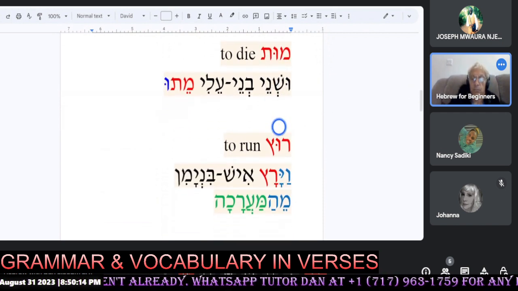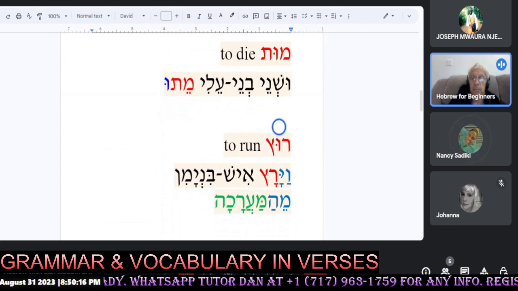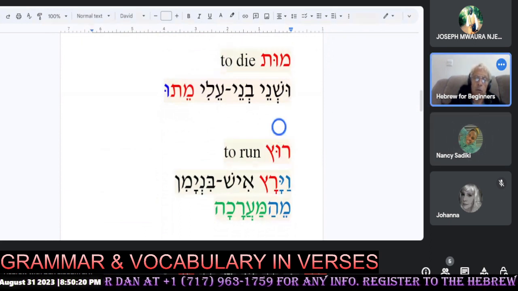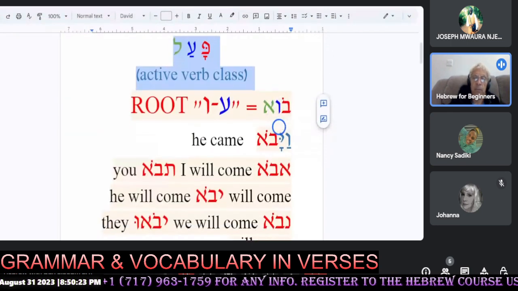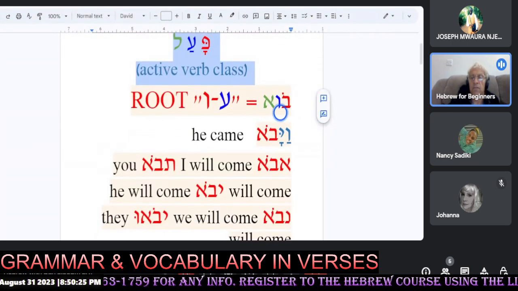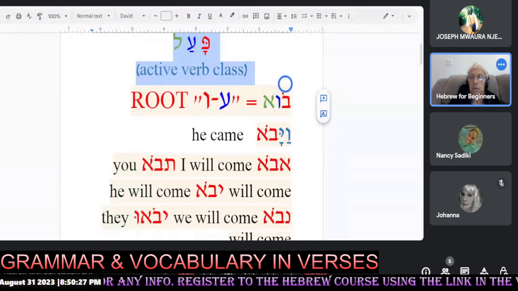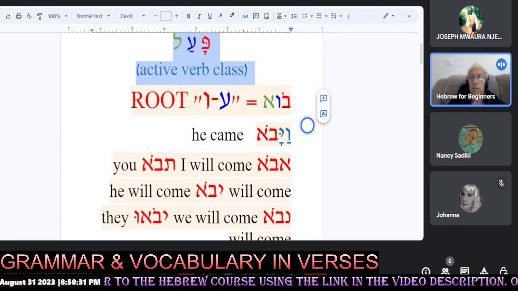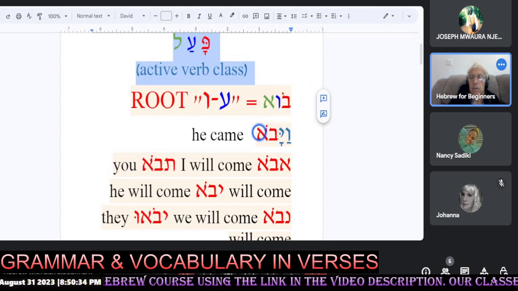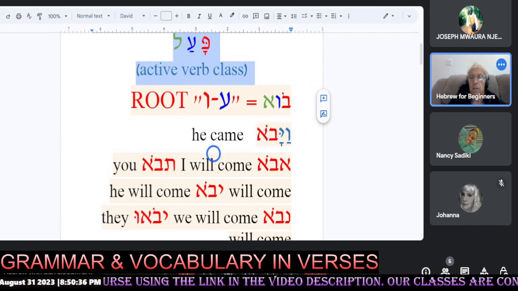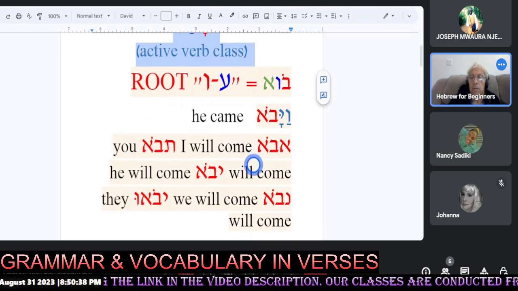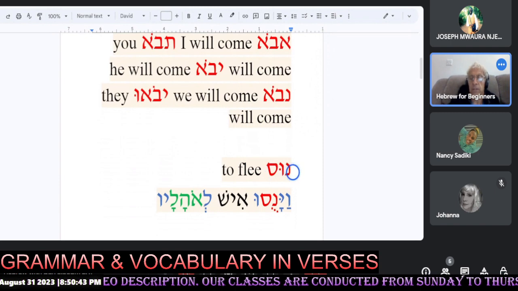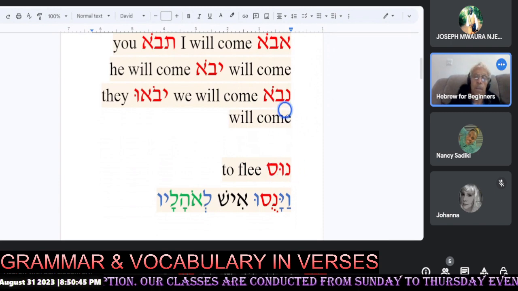What is unique about this family of Ayin Vav is that the Vav is weak and it tends to fall away. So we have to get used to seeing basically two-letter roots and understanding that they're in this Ayin Vav family.